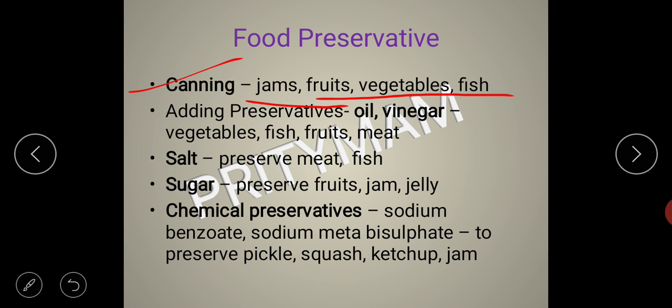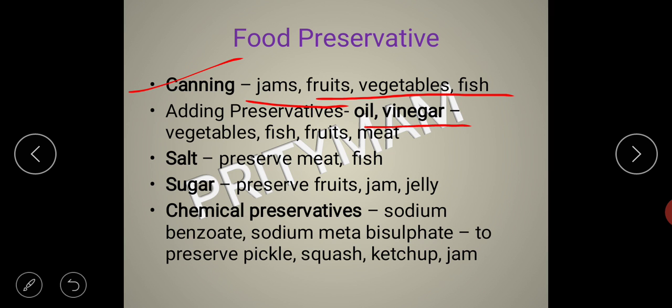The best example of food preservation is adding preservatives. You know, students, some edible substances either kill microbes or prevent their growth. So oil and vinegar are examples of substances that prevent microbial growth.